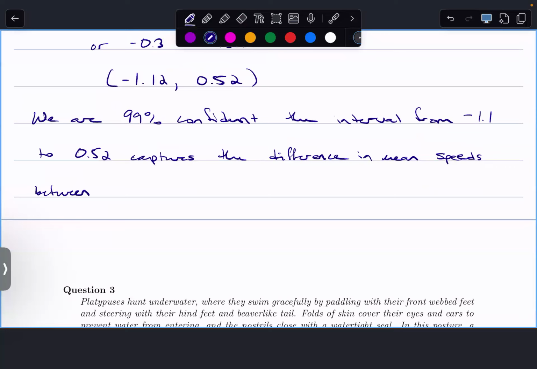Between E and M, just because I want to keep it on the one page. So the key is that you're talking about the difference in the means, in the mean speeds.